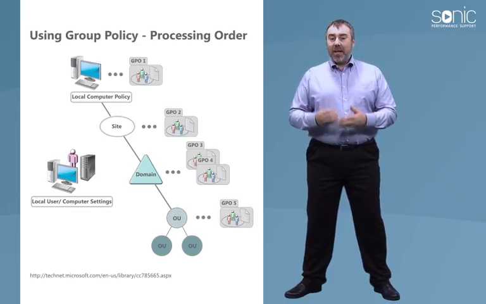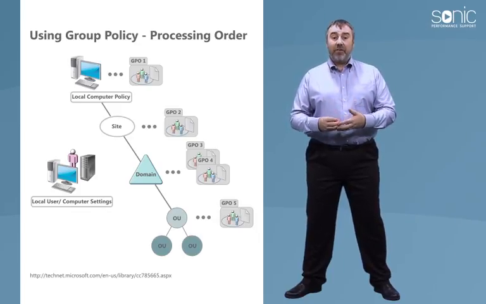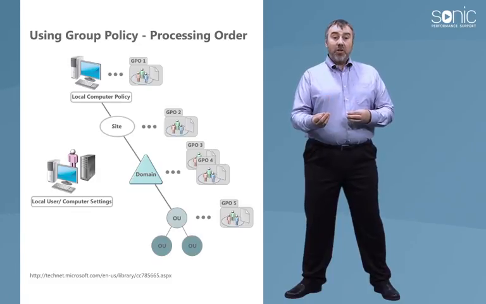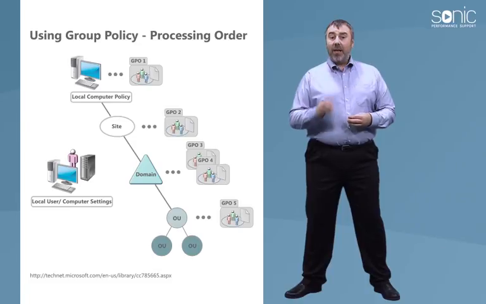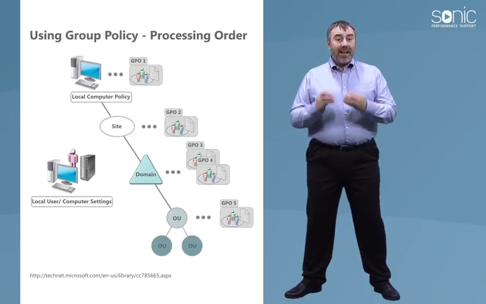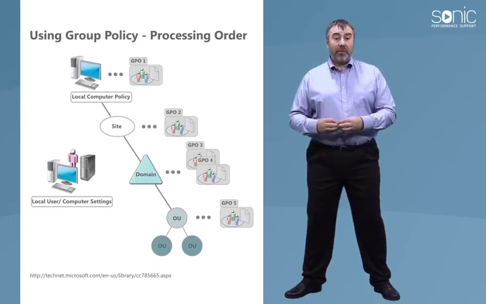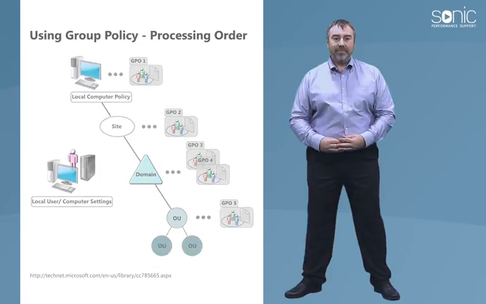We can make changes to the policy processing order by using features known as block inheritance, and we can also put in an enforced policy. These are settings that we would use to apply more advanced features within Group Policy objects themselves.